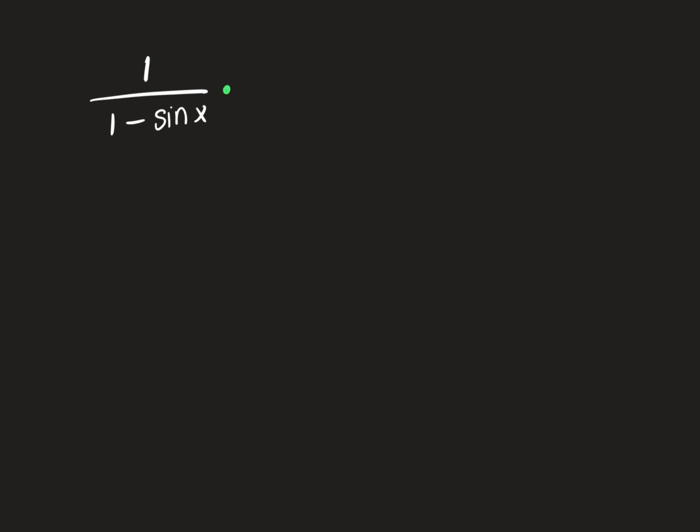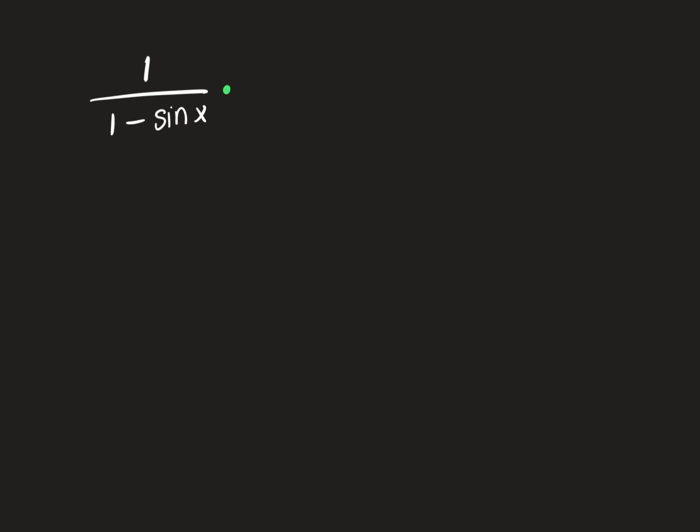Starts with a C. Cancel? Nope. Cotangent? Cross multiply? It's like when we're getting rid of square roots on the bottom of fractions, what do we multiply by? Conjugate.